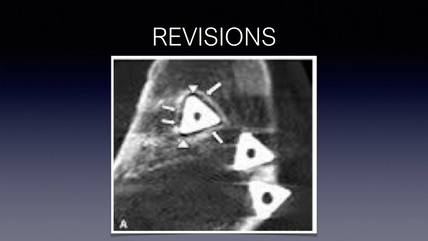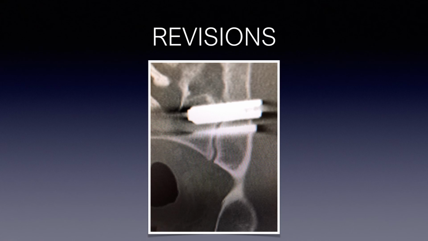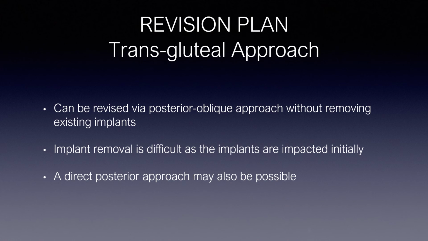For revision cases, the cases that we revised are the cases that had a transgluteal approach. Based on that picture, you see this patient got a pseudoarthrosis and a halo around the impacted implant. This patient had an impacted implant, and the implant protruded through the S1 foramen, causing nerve root irritation, so the patient needed revision. A transgluteal approach can be revised with a posterior oblique approach without removing the implant.